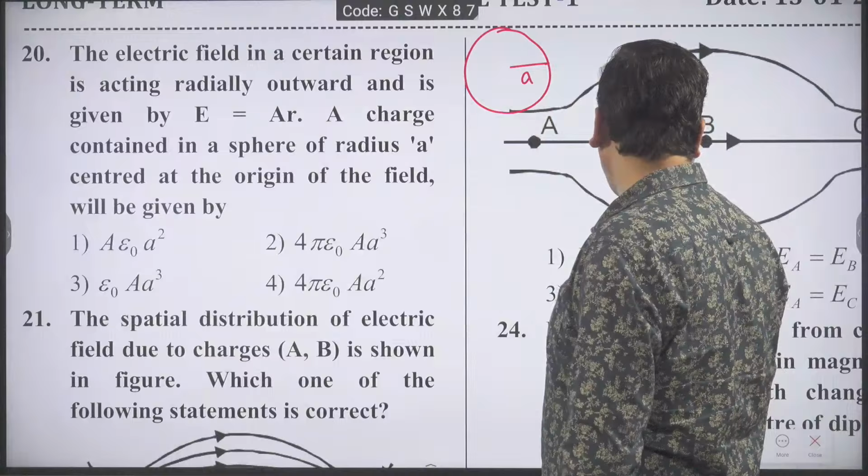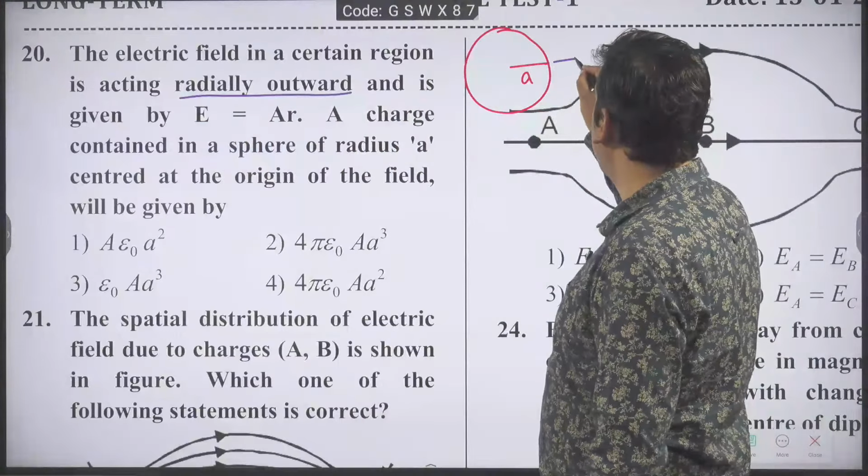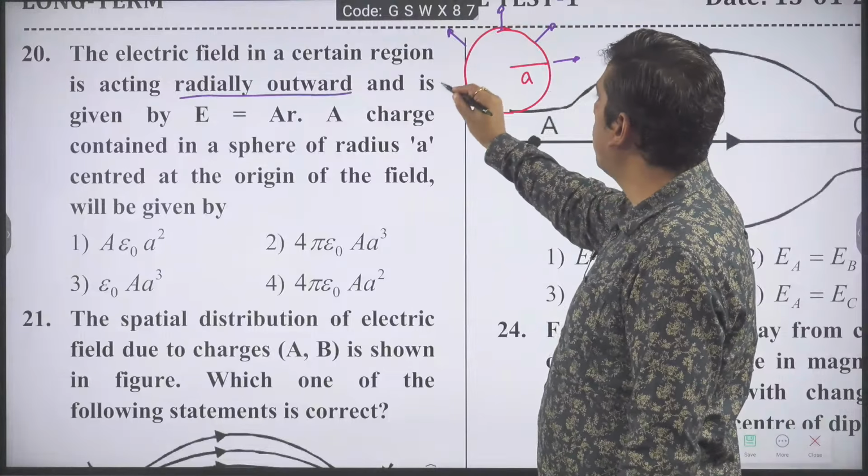And luckily, we have been provided that the electric field is acting radially outward.